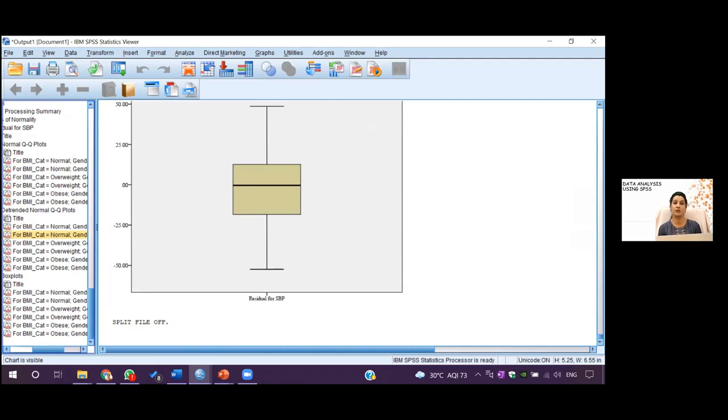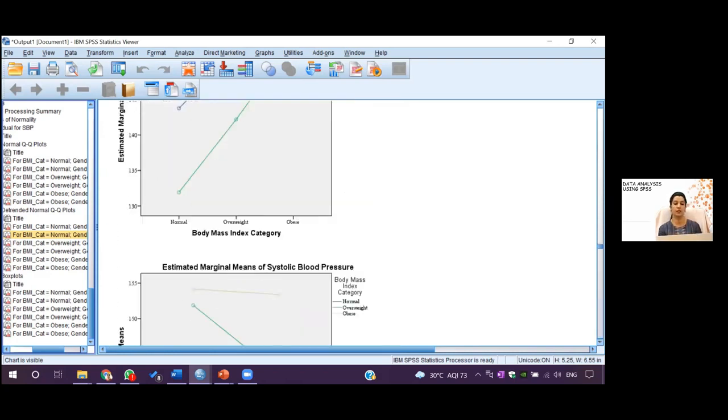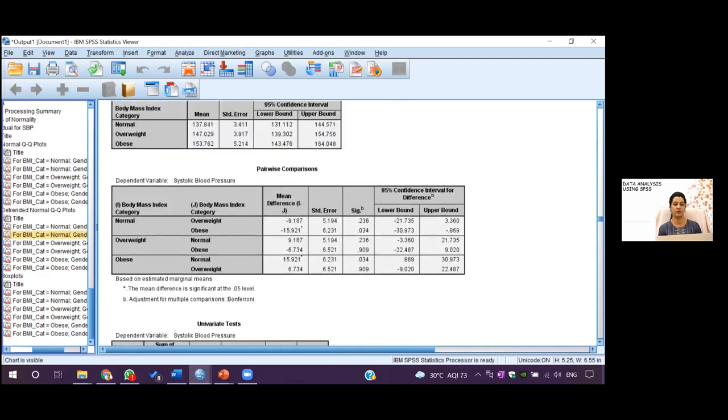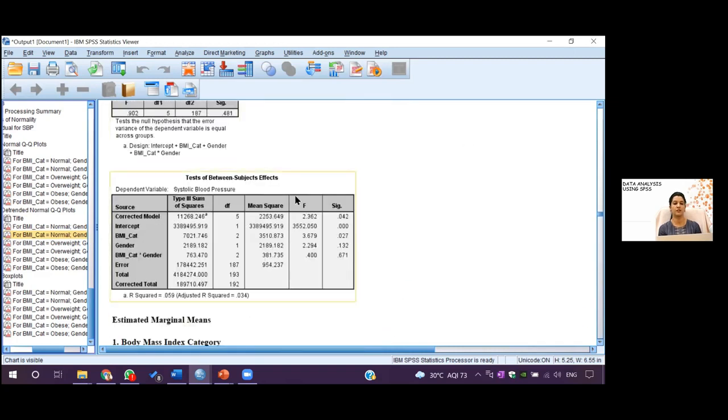So if the p-value in that between subject ANOVA table, the test of between subject effect, is more than 0.05, then we say that there is no significant interaction present between the BMI category and gender.